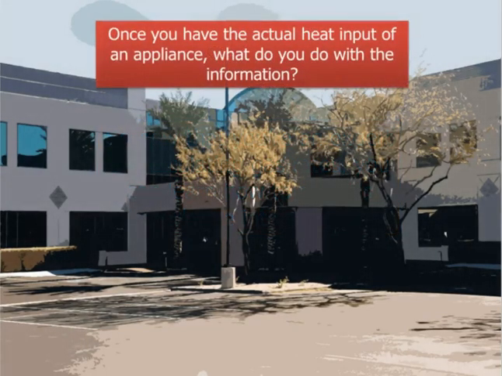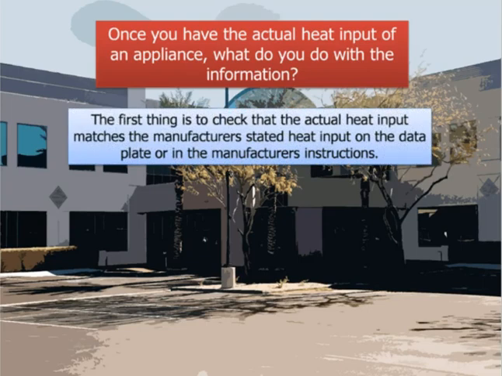Once you have the actual heat input of an appliance, what do you do with the information? Well, the first thing is to check that the actual heat input matches the manufacturer's stated heat input on the data plate or in the manufacturer's instructions.